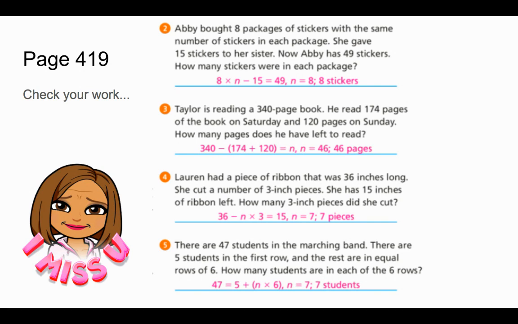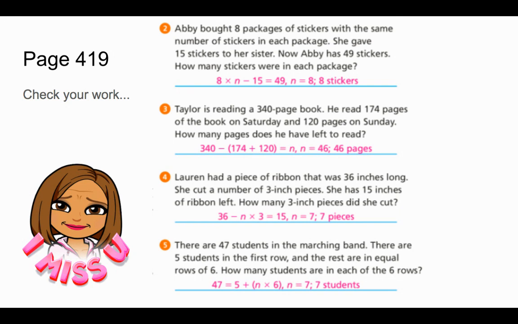So if I take my 36 minus my 15, I'm left with 21. And 3 times what equals 21? Well, 3 times 7 equals 21. Multi-step questions can be a little bit tricky. Don't worry if you can't get the equations. If you have it figured out in your brain and you got 7 pieces, sometimes we do things a little bit differently, but if we're getting the right answer, that's okay, because there's more than one way to solve a problem.